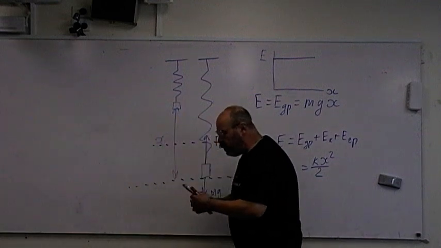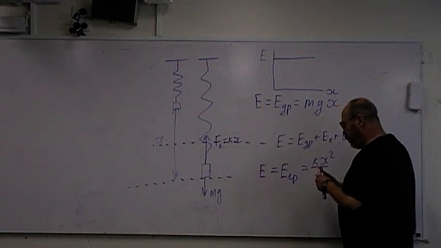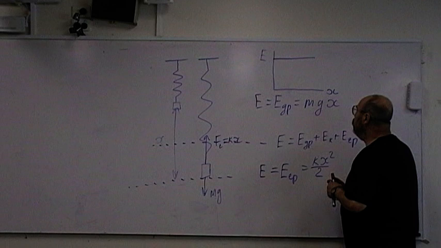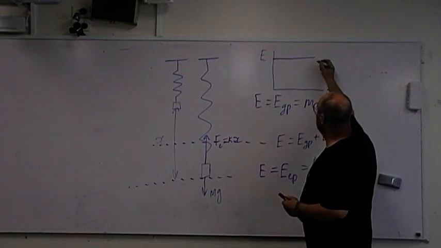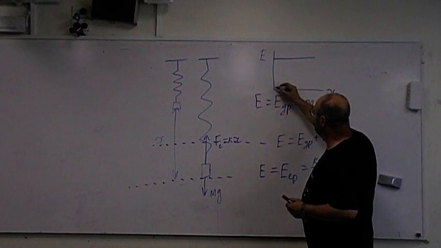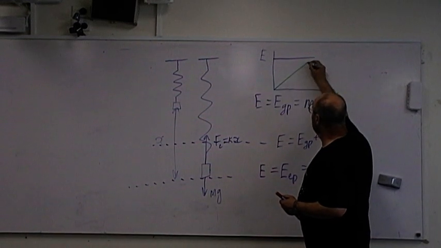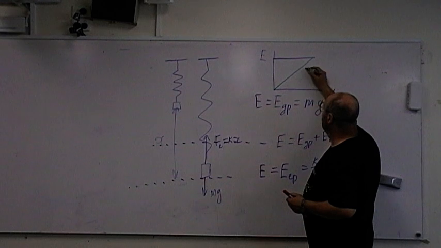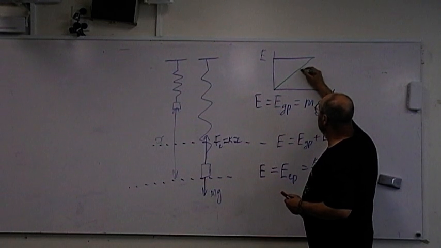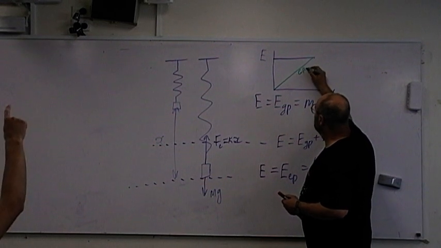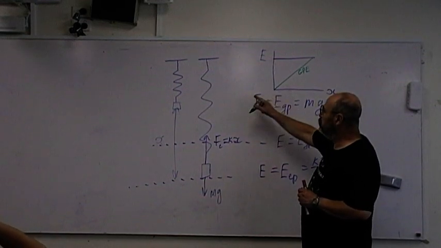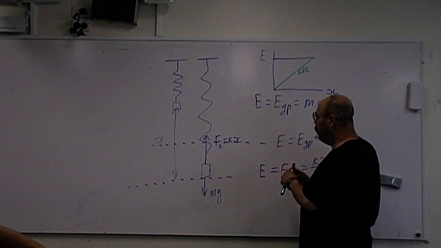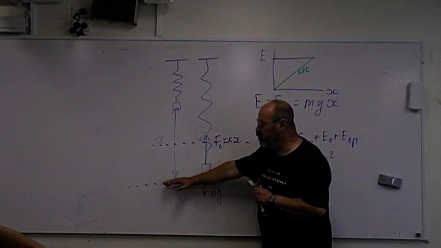What will happen with gravitational potential? It is initially at maximum where x is at maximum. When we get to 0, it's 0. So that will be, green is gravitational potential energy. Wouldn't it go from the top down? X is 0 if you take this as 0.